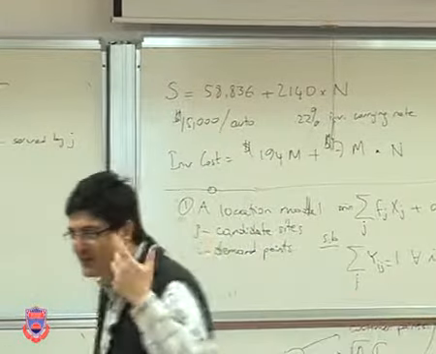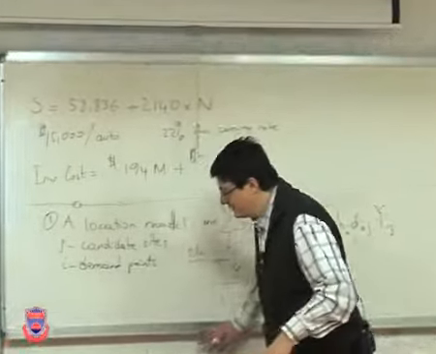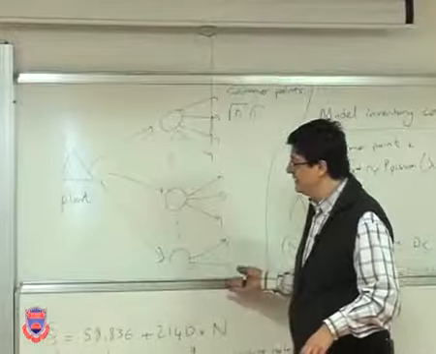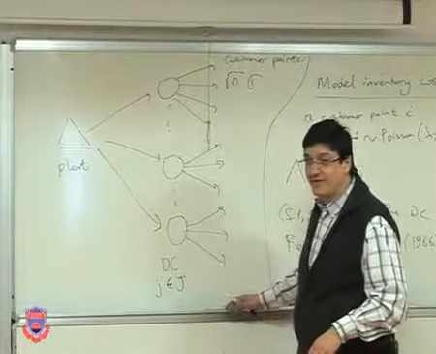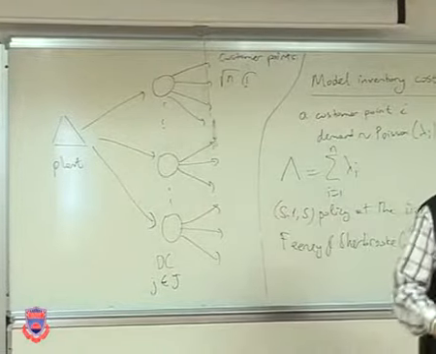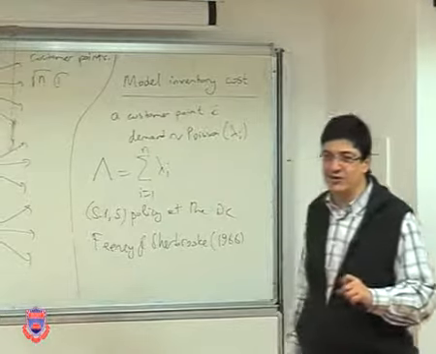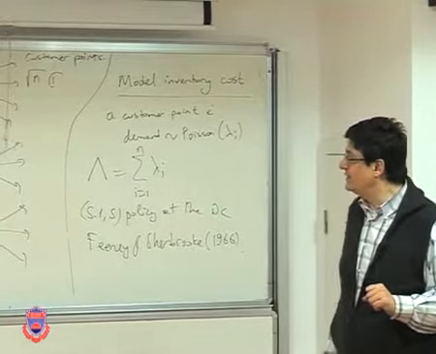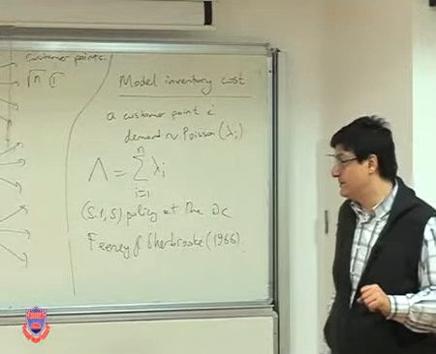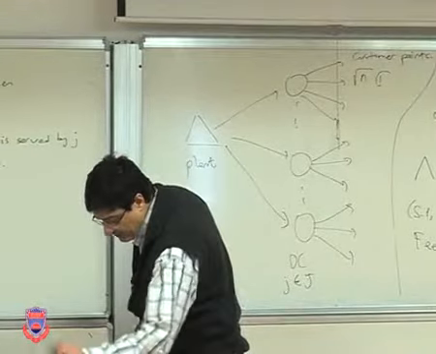That cost is, of course, a function of the location of the DCs, and it's going to be different. It's not taken into consideration, but it might be an important factor. So this is the first problem.